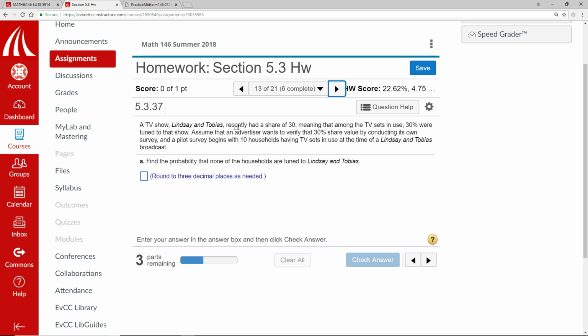A TV show recently had a share of 30, meaning that among the TV sets in use, 30% were tuned to the show. Assume that an advertiser wants to verify the 30% share value, conducted its own survey, and the pilot survey begins with 10 households. So n is 10, probability of success is 30%. Find the probability that none of the households are tuned in.